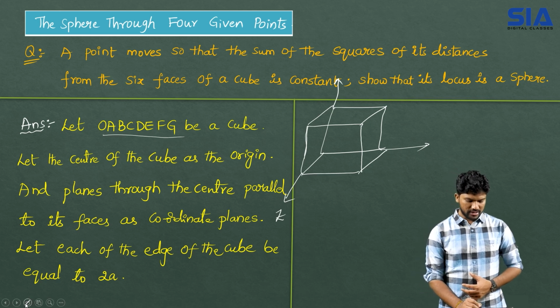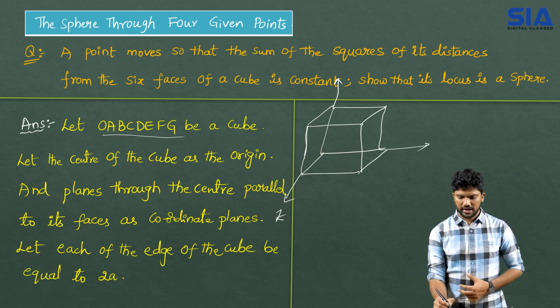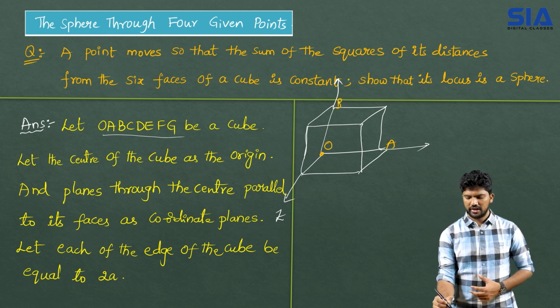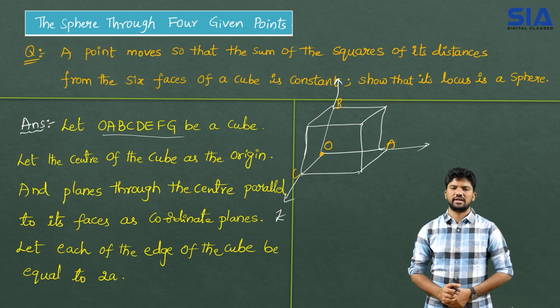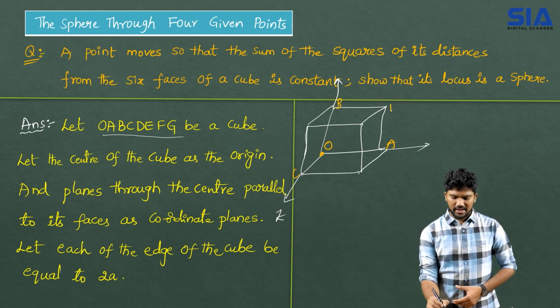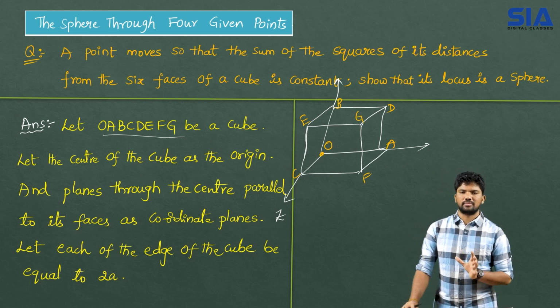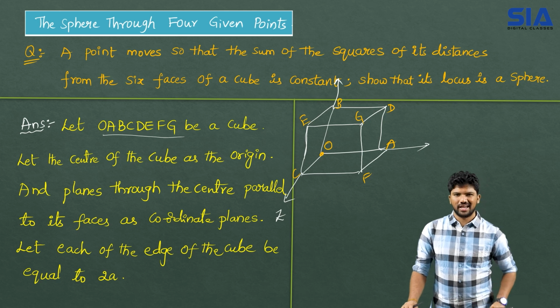You know very well the intersection point of the three coordinate axes is the origin O. This point is A, this point is B, on the z-axis the point is C, and D, E, F, and this point is capital G. If you take a cube, every time you have to take it in this format in three-dimensional space.